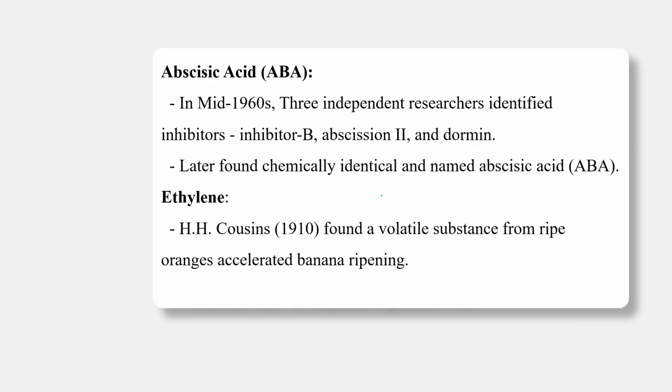Ethylene: this was observed by H.H. Cousins, who found ethylene to be a volatile substance from ripe oranges which accelerates banana ripening, and he later identified it as ethylene, which is a gaseous PGR, plant growth regulator.